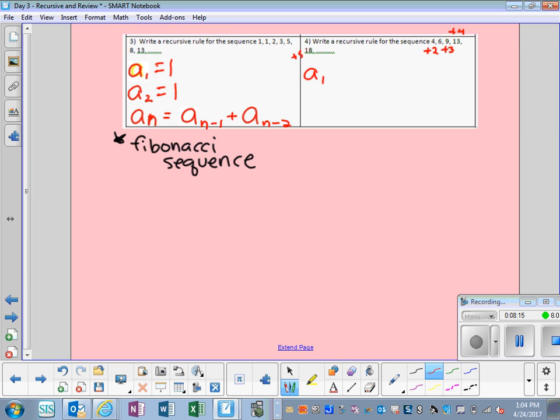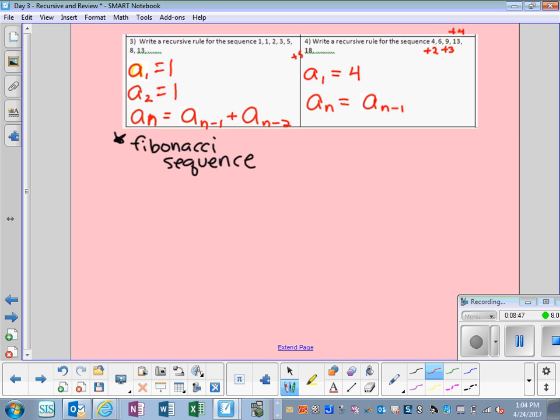Well, you first have to state what a sub 1 is, which is 4, right? So then the ones after that, a sub n would be what? The one before it, a sub n minus 1, right? So you would get 6 by taking the 4 and adding it by, how do you get that? 2, 3, 4, 5.